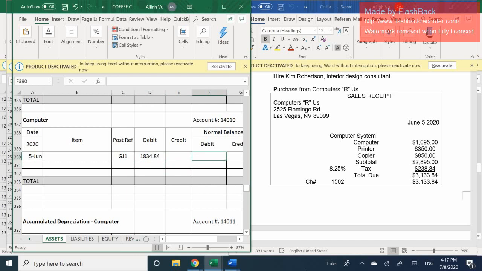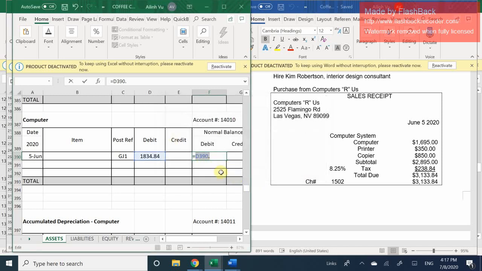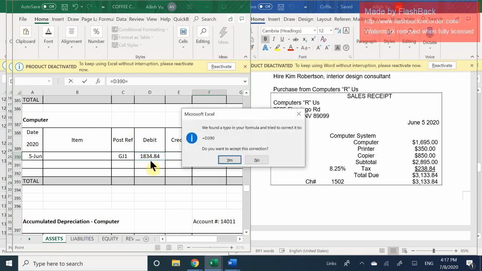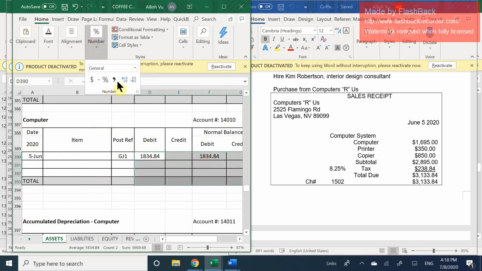Because this is our only transaction, oopsies, I must have typed something in. Okay, so it should be 1834.84. That's for the computer.